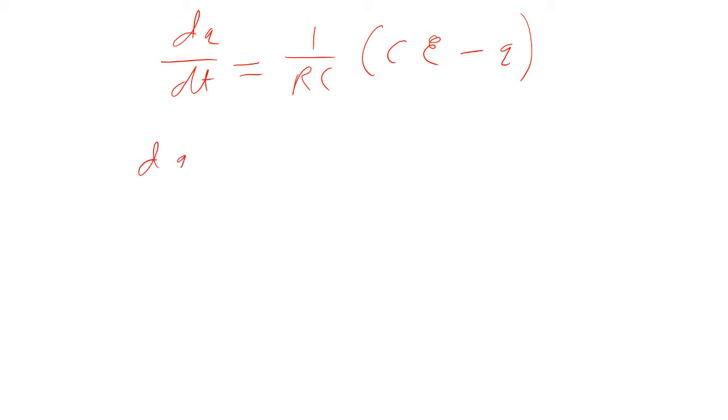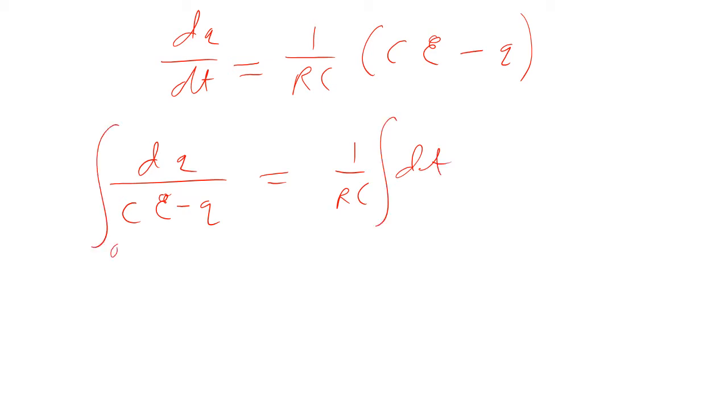Let's say that dq over C EMF minus Q equals 1 over RC dq. Oh, sorry, dt.